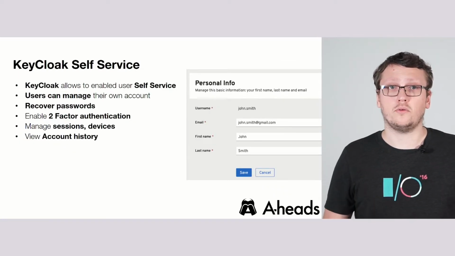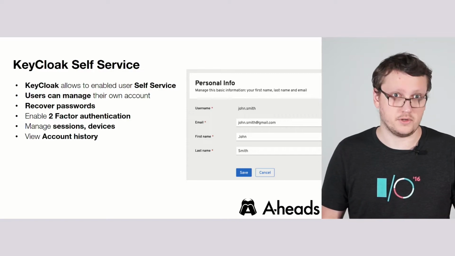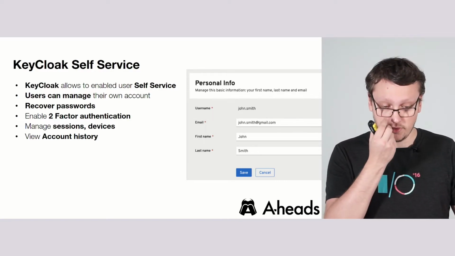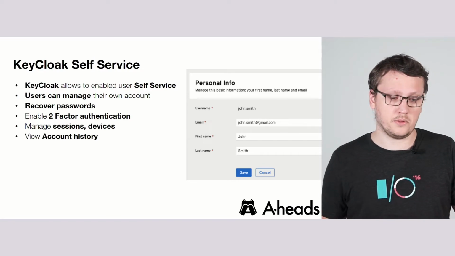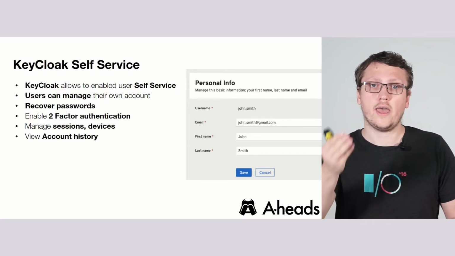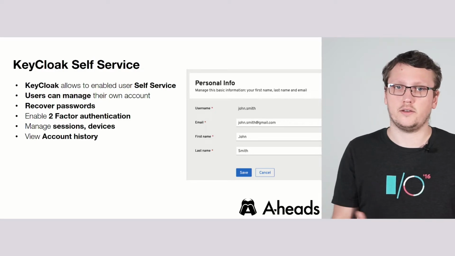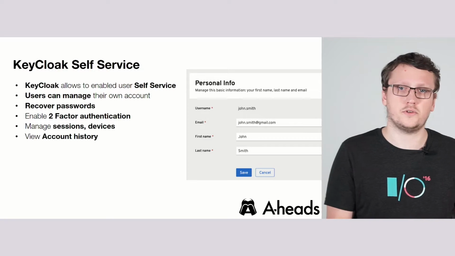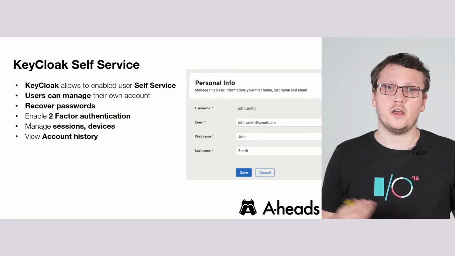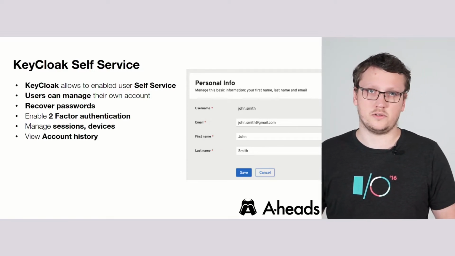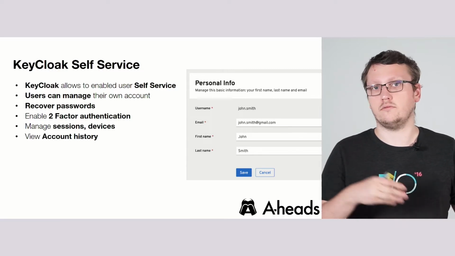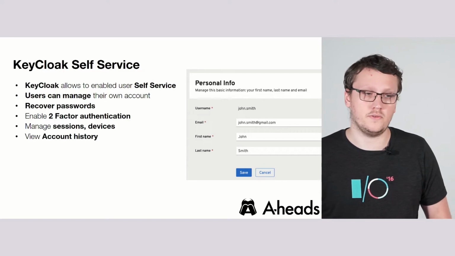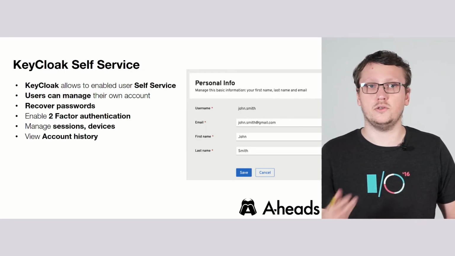Now a couple of words about self-service. Keycloak allows you to enable or disable self-service, where people can manage their own data. On the right side, you can see a snippet where a person can change their details, first name, last name, or maybe some other fields that are provided during registration. They can reset passwords if they forgot them. They can enable two-factor authentication, for example, add a new device.